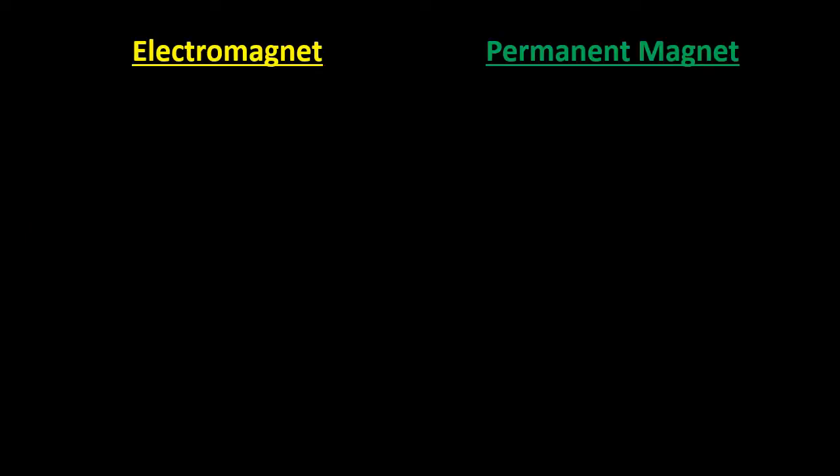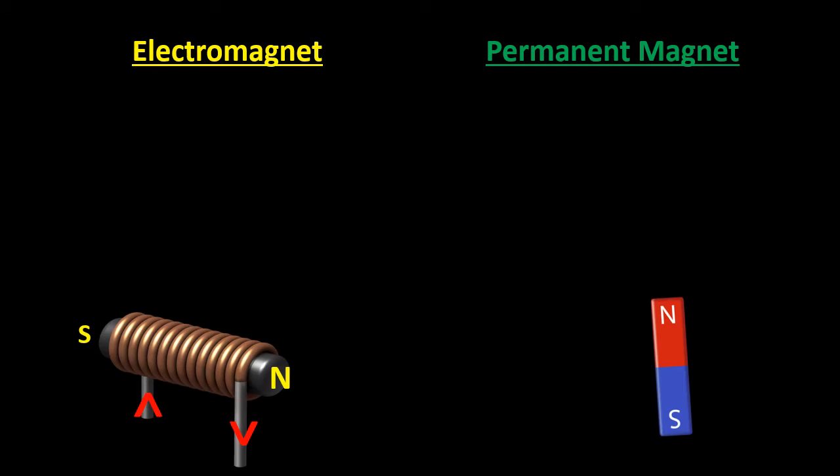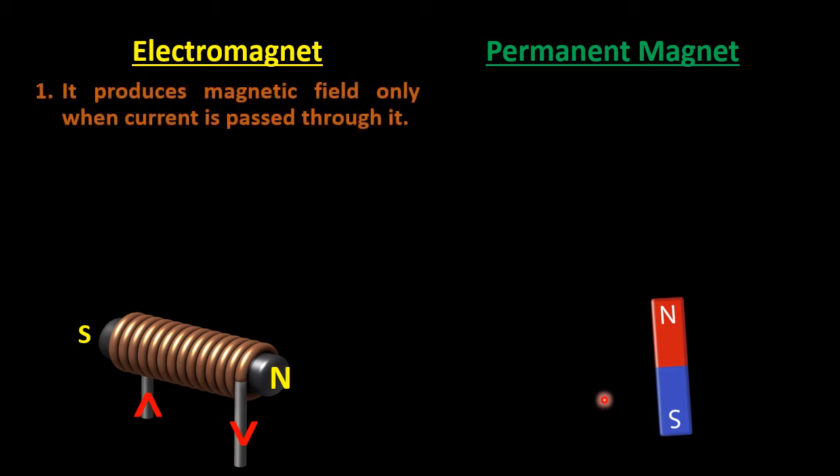Now we discuss the basic differences between the electromagnet and permanent magnet. This solenoid will act as an electromagnet and this bar as a permanent magnet. The first difference is, an electromagnet produces a magnetic field only when the current is passed through it.